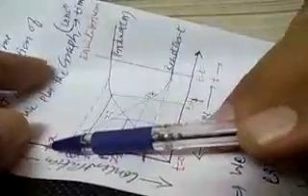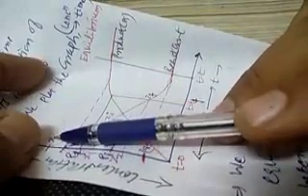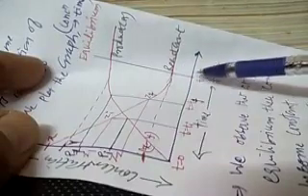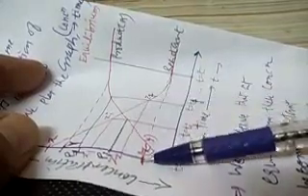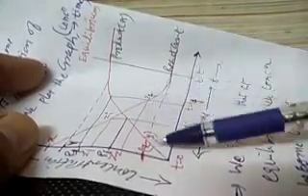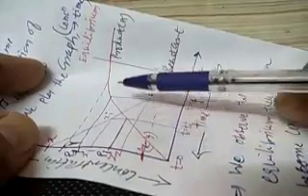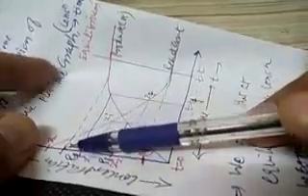Here you can see that X is the initial concentration of reactants, which decreases to a certain concentration at t equal to t. So it becomes X minus Y when t is equal to t. In the same way, the initial concentration of product is 0, and that becomes Y at t equal to t time.